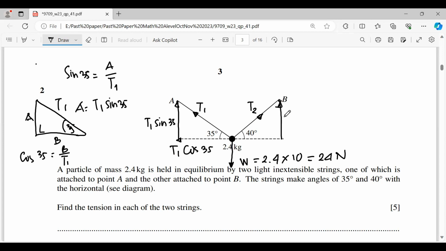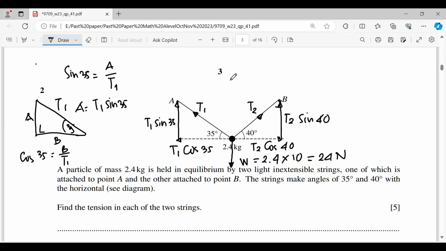And this force is T2 sine 40, and this force to the right is T2 cosine 40.